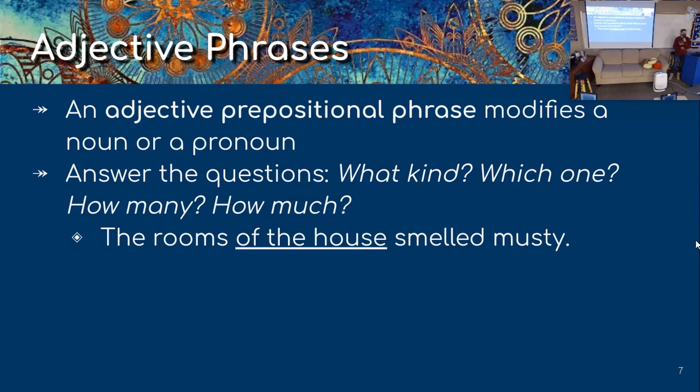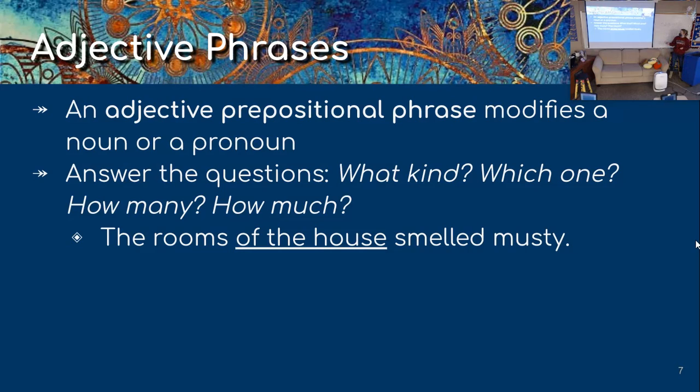Of the house is my prepositional phrase. It starts with one of those common 6 prepositions, of. It's followed by the object of the preposition, house, and we have the as the modifier. Well, now we have to figure out what word in the sentence that prepositional phrase is modifying or giving us more information about. What do you guys think?